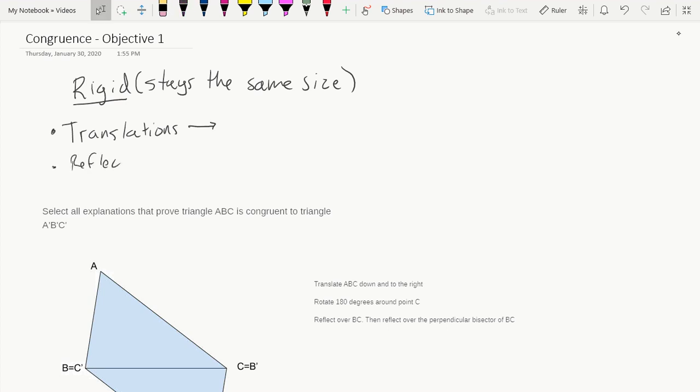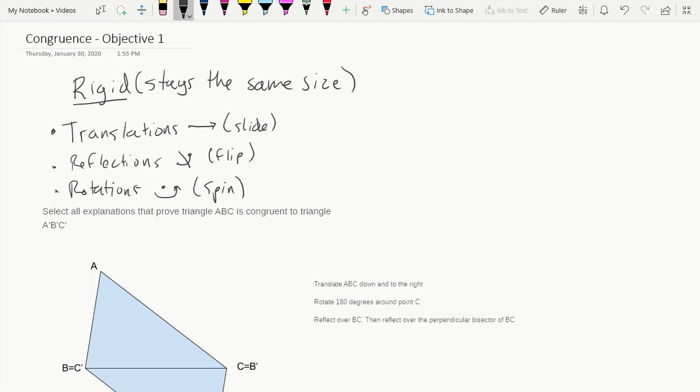Reflections, which are kind of flipping something over to the other side. Say flip, slide, and then rotations, where they go around like that. So we'll call that a spin.